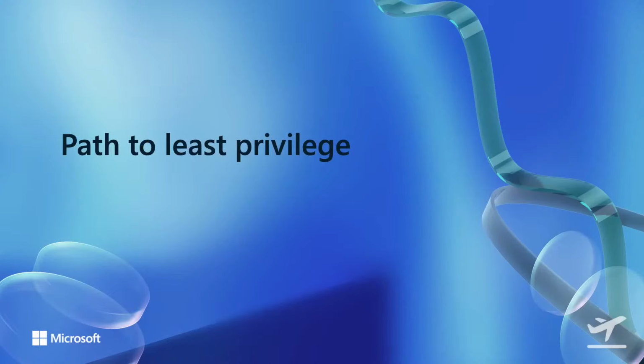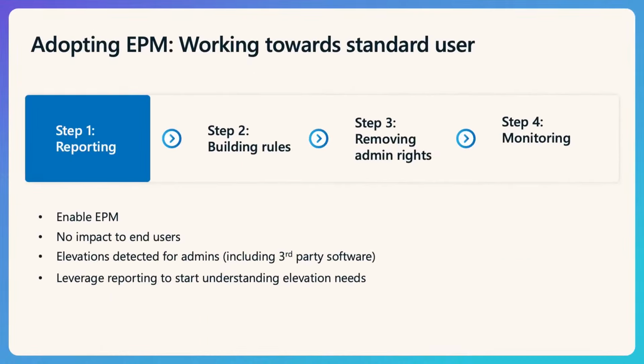So based on all the communication we have had with our customers, the feedback that we have gotten, we have created a path to least privilege in the way that our customers normally do this, and what we actually recommend doing. So first of all, we need to get EPM enabled. It has no impact on your end user. You can have elevation detection for local admins, including third-party products.